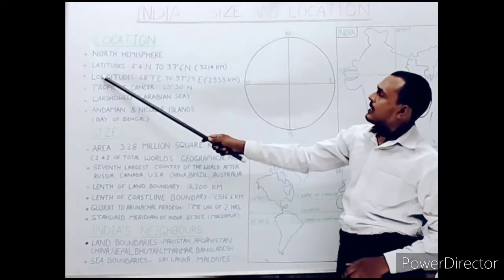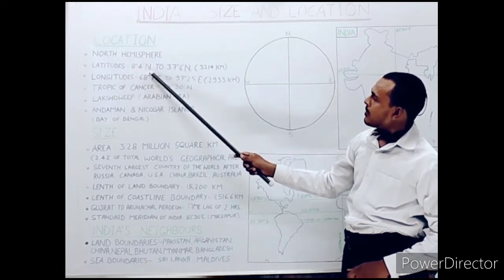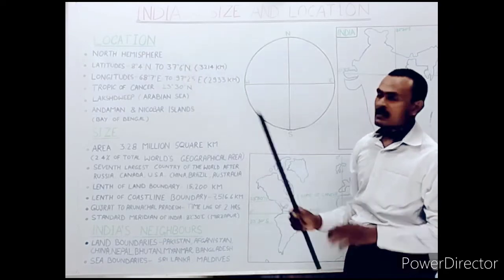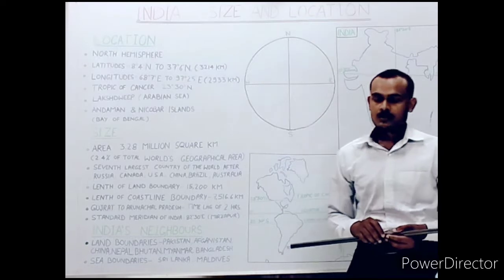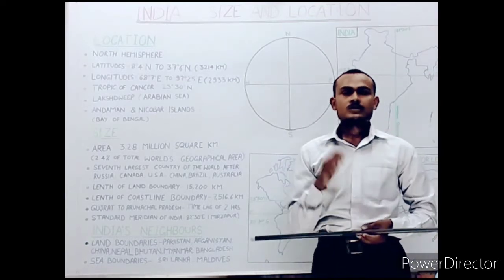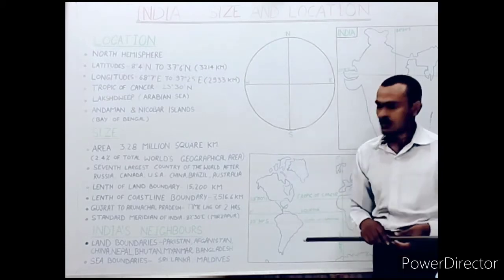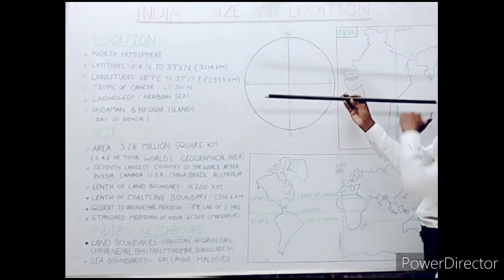Then next, latitude 8 degree 4 minute north to 37 degree 6 minute north. First we must understand the word latitude. What is latitude? The horizontal line found on the earth is called latitude, a horizontal line like this.